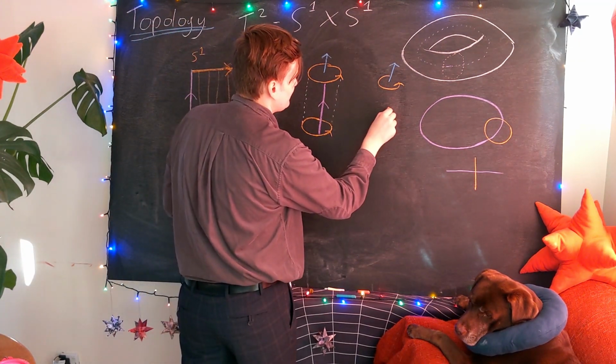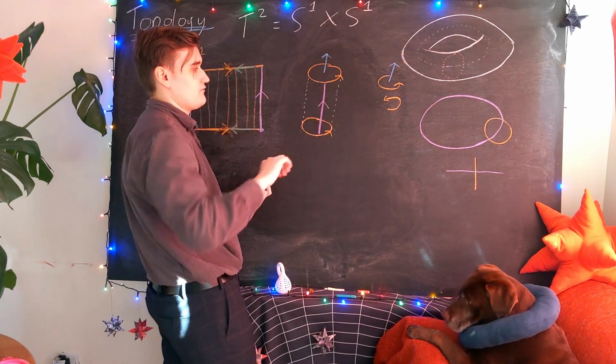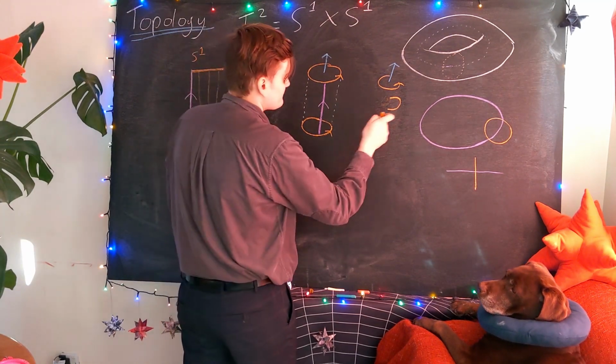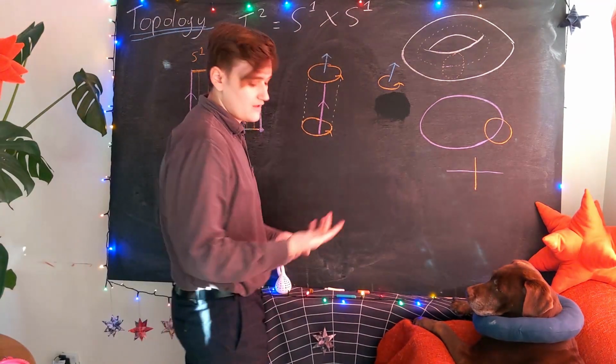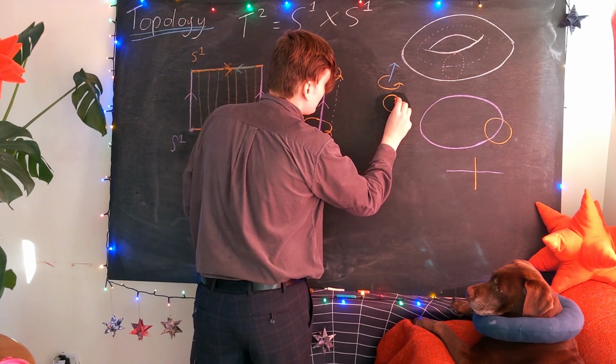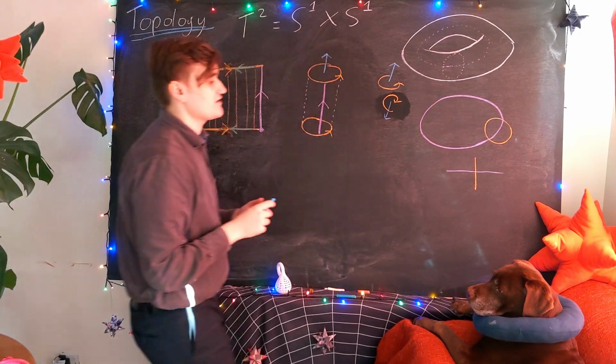And likewise, if this loop is turning the other way, so clockwise, this is going to point downwards like that.